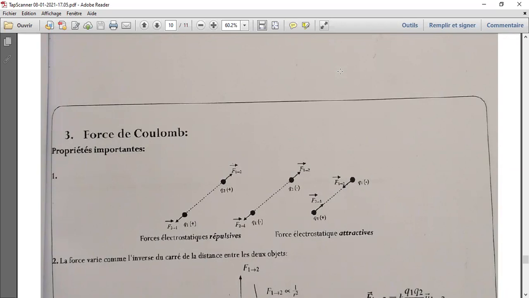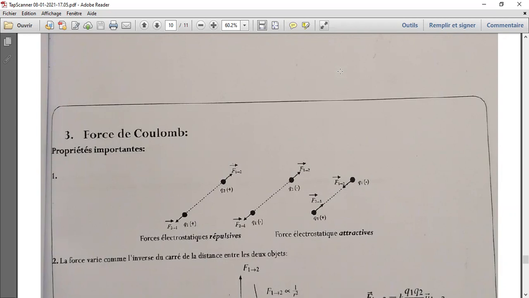You have to know how they move, what happens when two charges come together. You have to know all those things. If you don't know, it will be really difficult for you to do the calculations when you're given different scenarios.